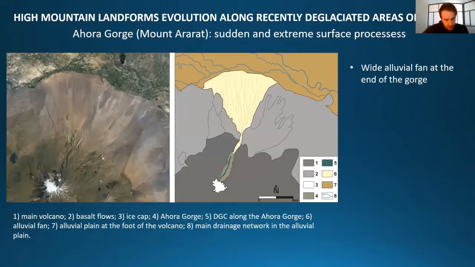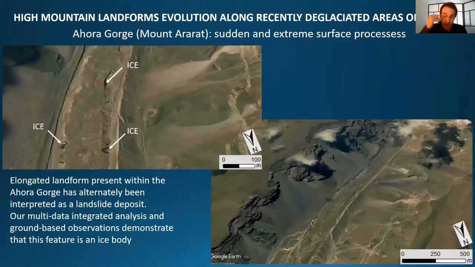At the end of the Ahora Gorge, we detect a very wide alluvial fan that has covered the present landform and also the basal flows. And we tried to map the proglacial system of the area, but it's completely absent, completely obliterated by this event. We tried to figure out what happened in 1840.